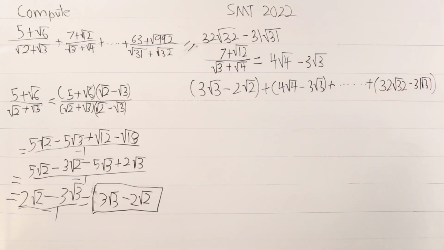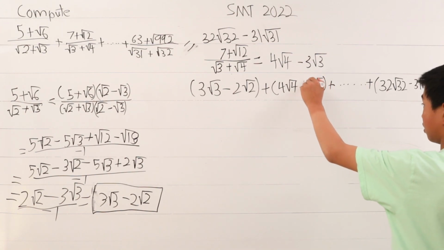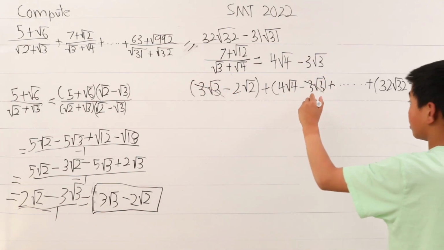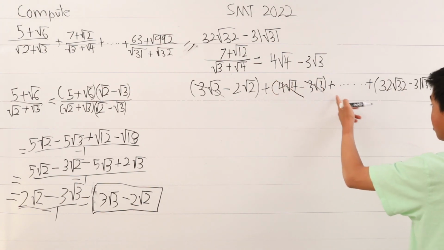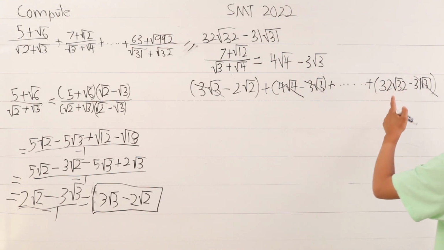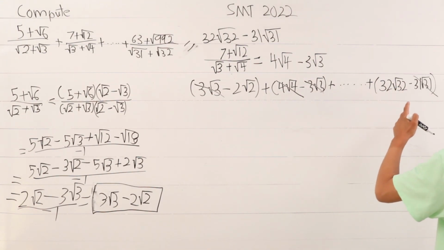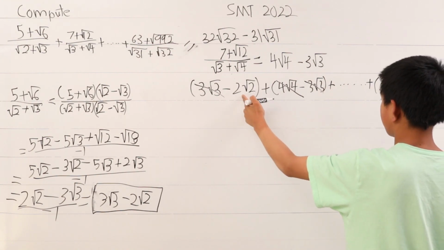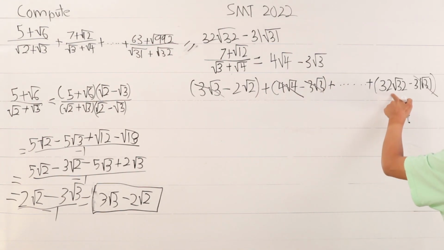Now, you see something pretty weird happen. These cancel out, and on the next term, this 4 will cancel out all the way. So the only terms that cannot be canceled out are the least term and the greatest term.